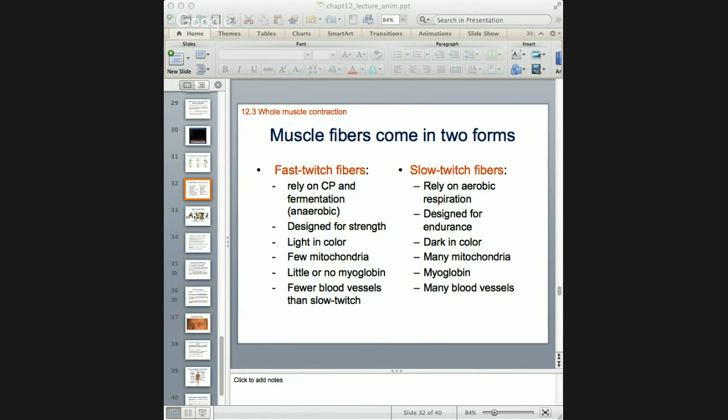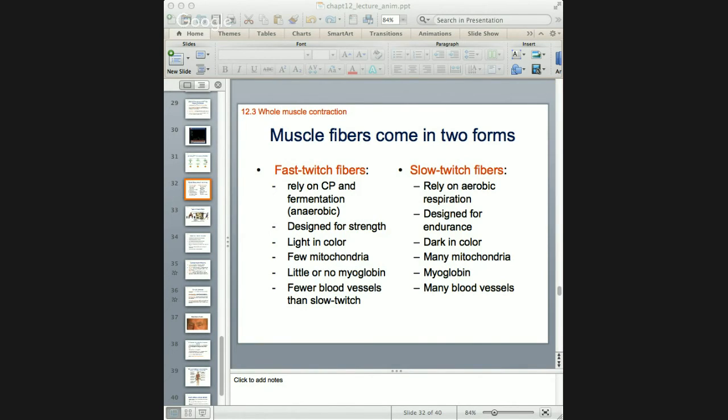So you'd expect the fast twitch fibers, which rely on fermentation and creatine phosphate, to have less mitochondria than the slow twitch, which relies on cellular respiration. They have a lot of mitochondria, and also blood vessels. So slow twitch has more blood vessels. That's what helps to make them darker too. And the myoglobin present also makes them a little darker.